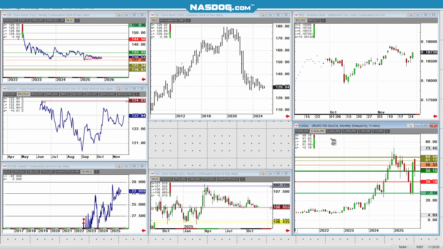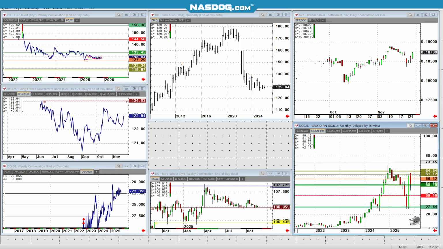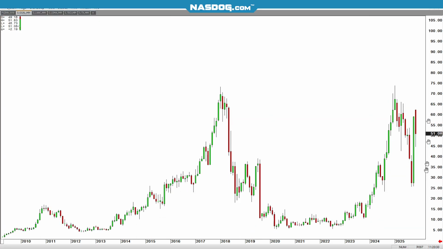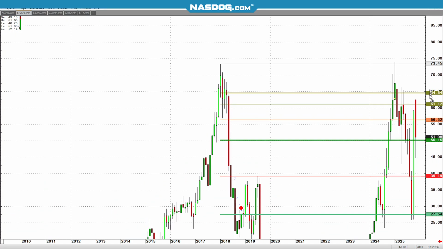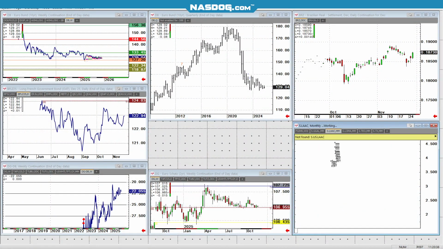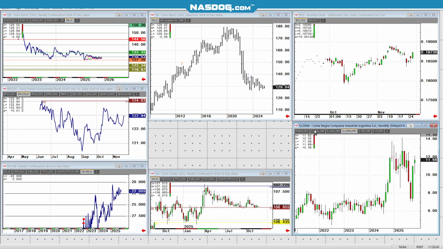Grupo Financiero. Okay, here, look at this. We went down to this. This is a monthly here too. What is this? Is this right? Oh yeah, that's right. So this is whatever stock this is. What is this? LAAC. That doesn't look like it's working here.